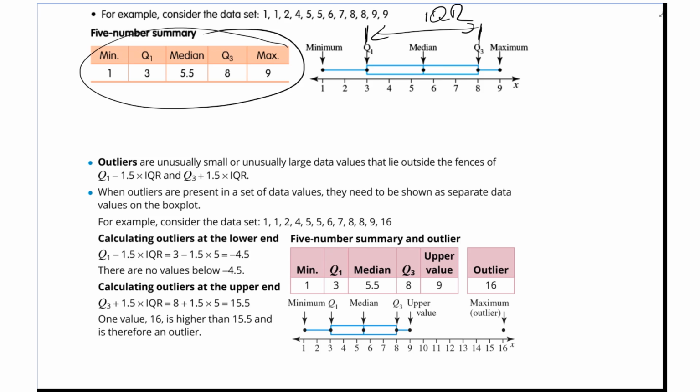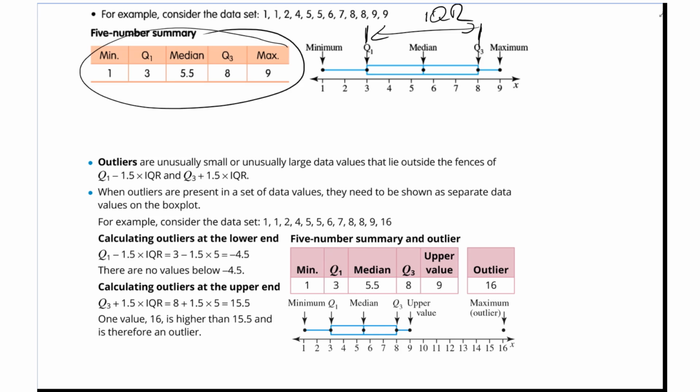Most Year 7 kids are going to be between 150 and 160, maybe 170 centimeters tall. But if I put my height, or a kid of my height, in there, he or she will skew the data. So we want to look at where the majority of those students are, and check if that person's an outlier. They're most likely going to be an outlier if they're nearly 2 meters tall.